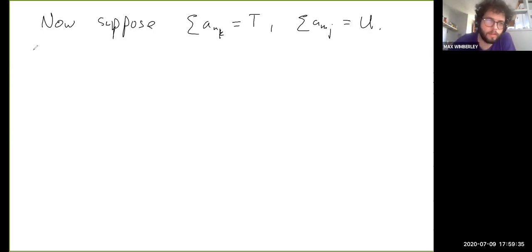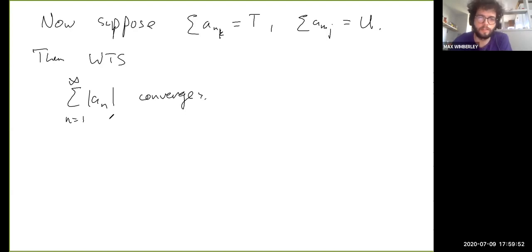What we want to show is that the sum of the absolute values of AN from n equals 1 to infinity converges. That's a very similar thing.